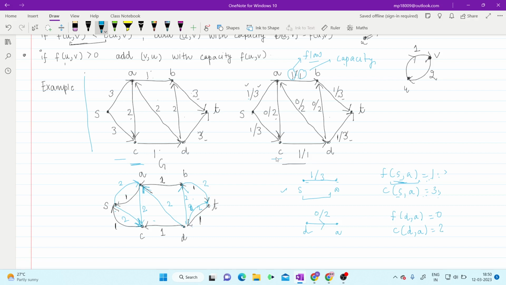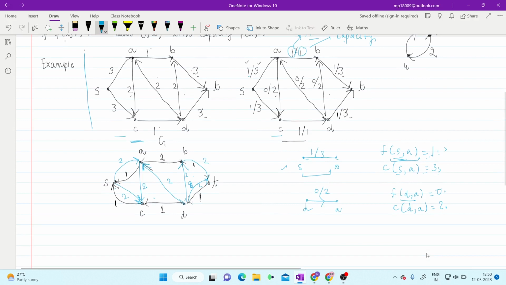Therefore, in the residual flow graph, you draw an edge DA in the same direction, whose capacity will be the difference, 2 minus 0. So we have this edge DA with 2. The second condition is if flow is strictly greater than 0, but here flow is 0. So the second condition is not satisfied, and the second edge will not be there.